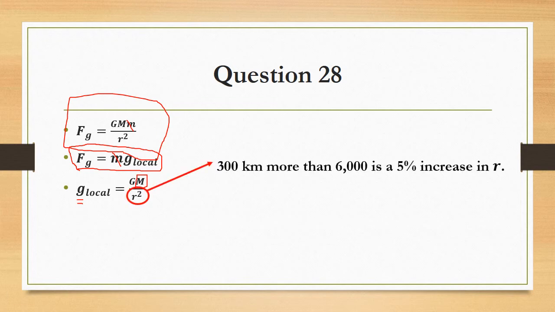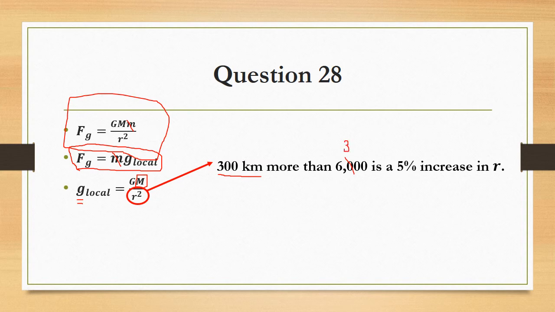And on the Earth, we know that distance is 6,000 kilometers. That's in the prompt. We are going up another 300 kilometers. How much did we increase the radius? From 6,000 up to 6,300 is a 5% increase. Feel free to check the math on that, but it is.